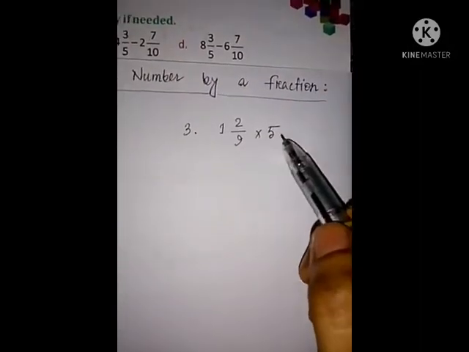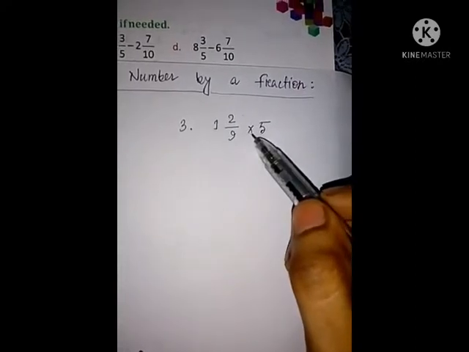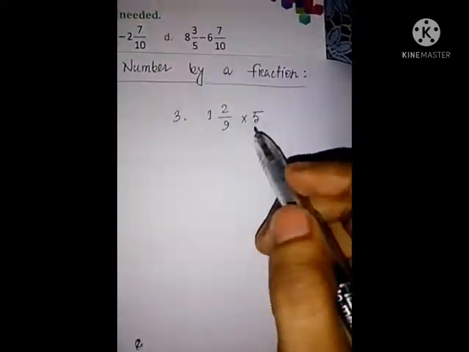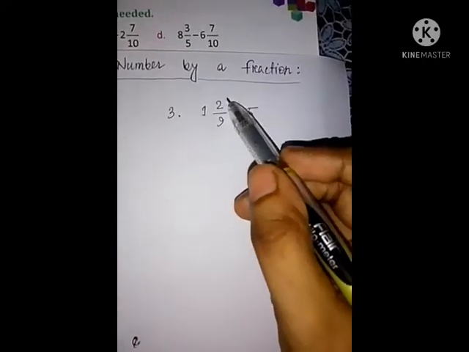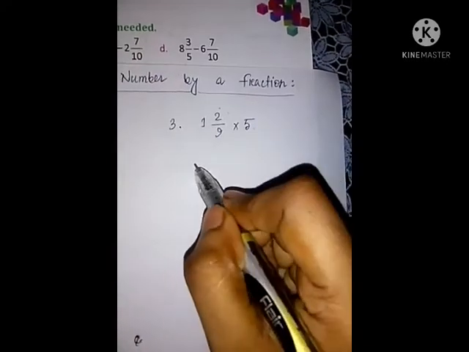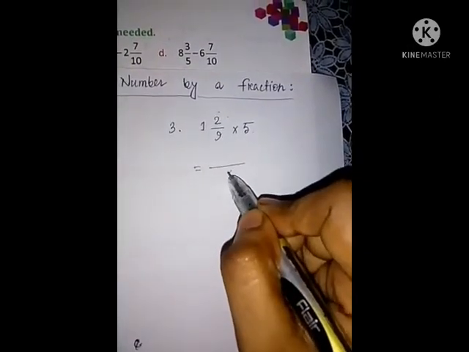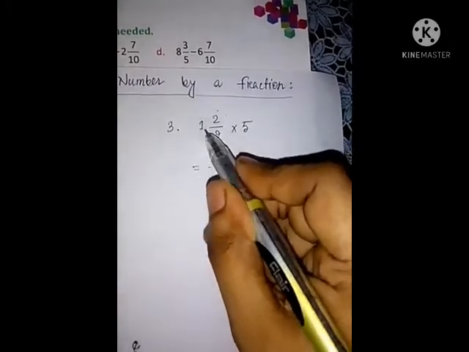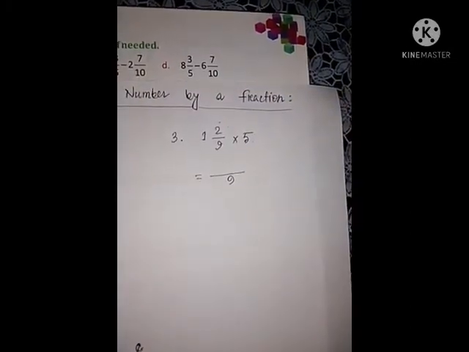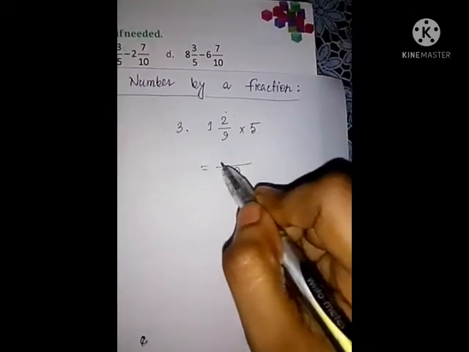See, this is another example. This is a mixed number, and this mixed fraction we have to multiply with a whole number. First, make the mixed number into an improper fraction. The denominator will remain the same, and I have taught you how to make an improper fraction from a mixed number, right?